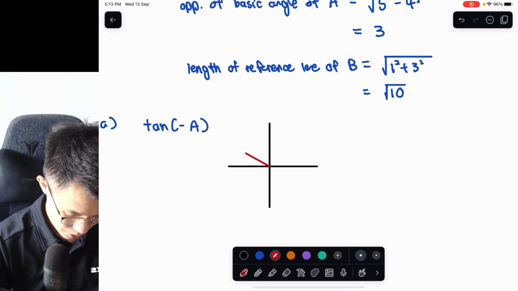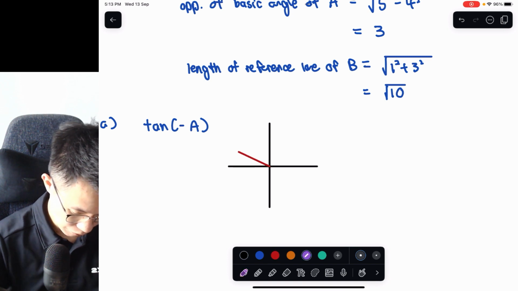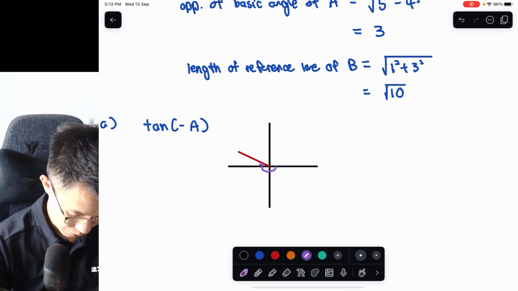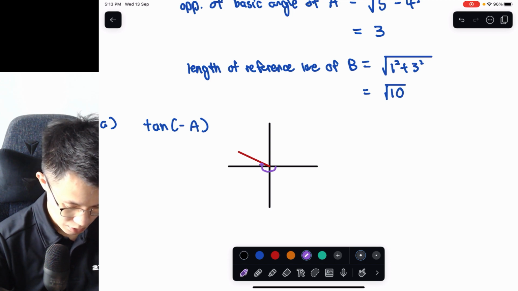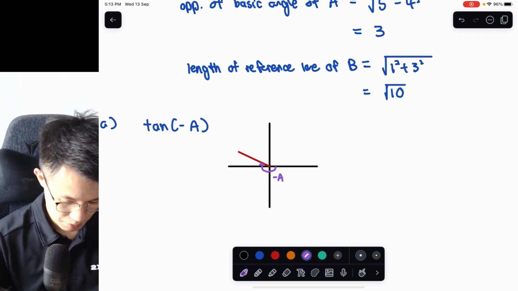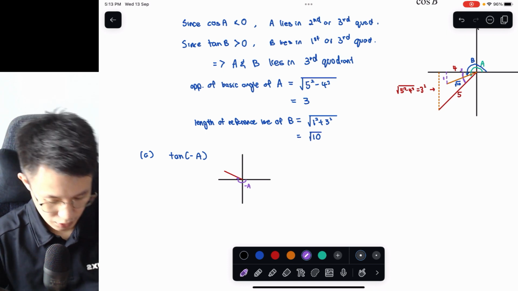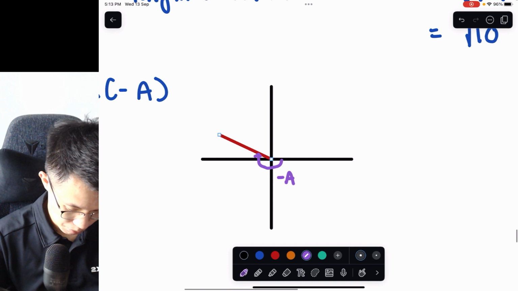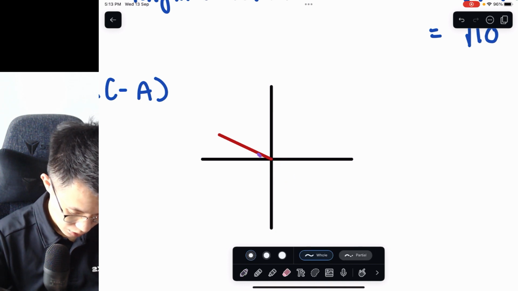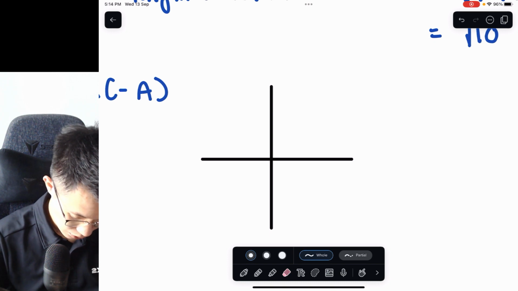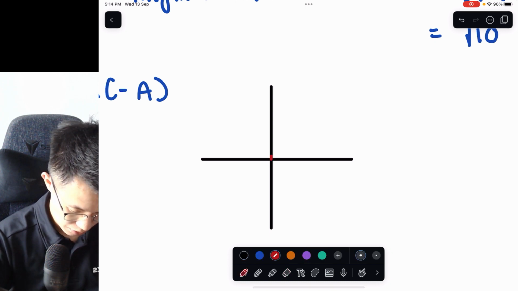This tangent negative A would be here, but in fact this is just a mirror image of what we have earlier. So this is negative A. Or maybe I should draw it better to scale, such that you can see it.